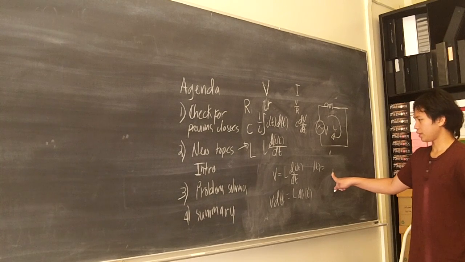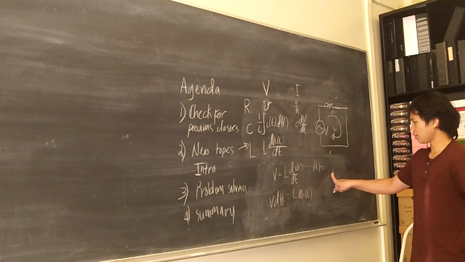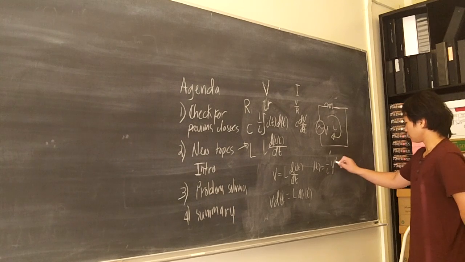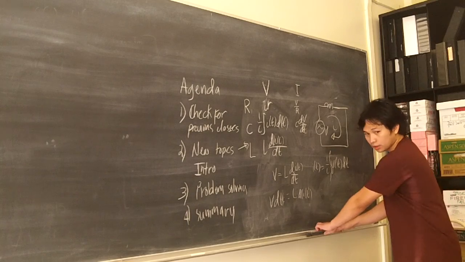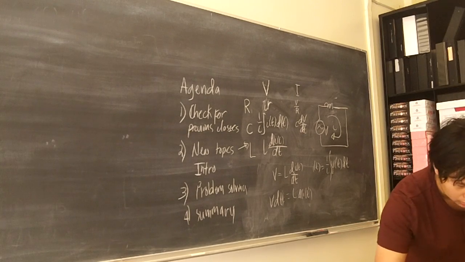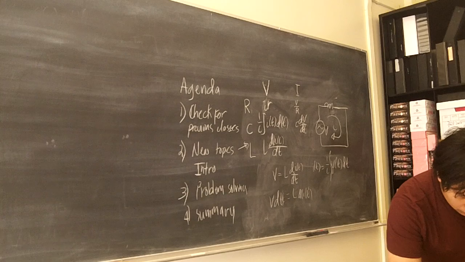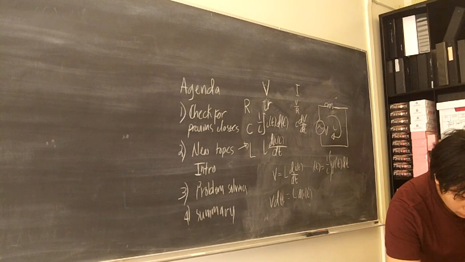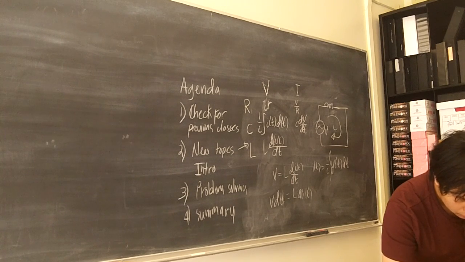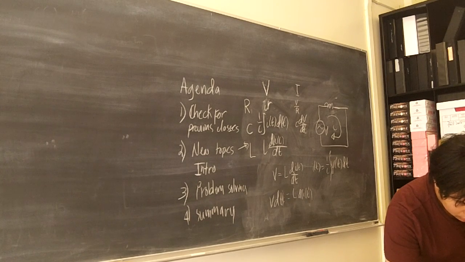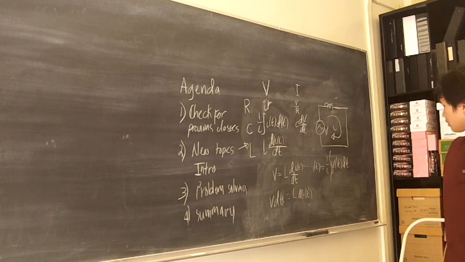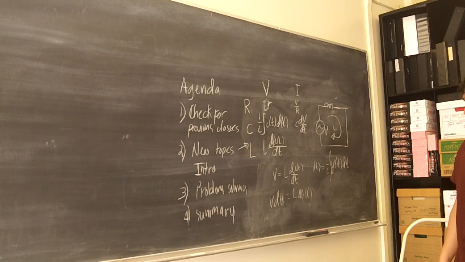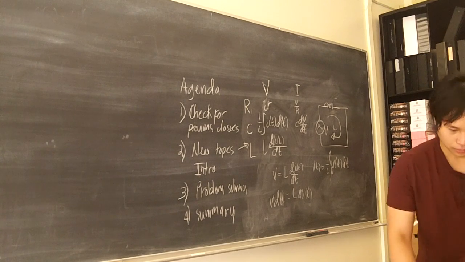We would like to get i, right? So that would be 1 over L integral of v of t dt, right? Let me double check that just to make sure it's correct. Does it make sense to you? It's relatively new to you. So that's i of t equals 1 over L integral of v dt.